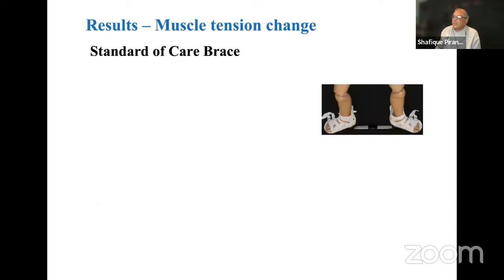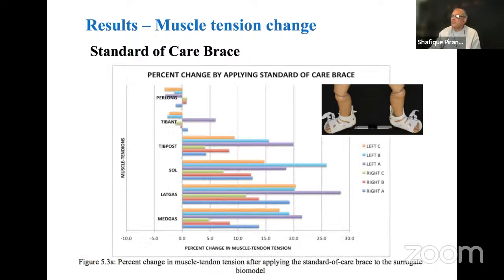But in the standard of care brace, which is the foot abduction brace, and here we see the Ponseti brace from Iowa, when you use this brace on the biomodel, you can see the change in muscle tendon tension after applying it.